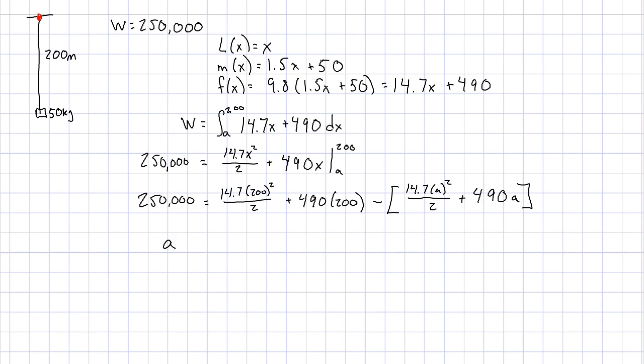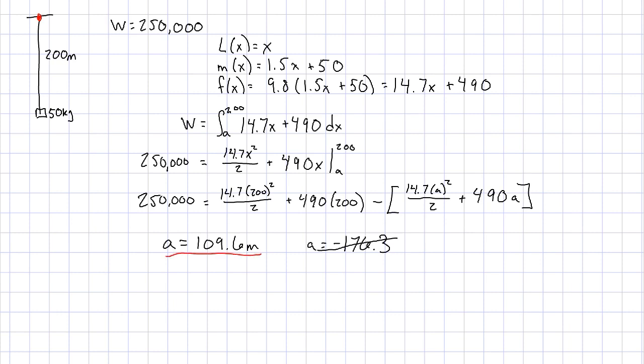I end up with two solutions for a. I get a is 109.6 meters, and I get a equals negative 176.3. So I'm going to eliminate the negative answer. I'm going to be looking here at this positive answer, 109.6.